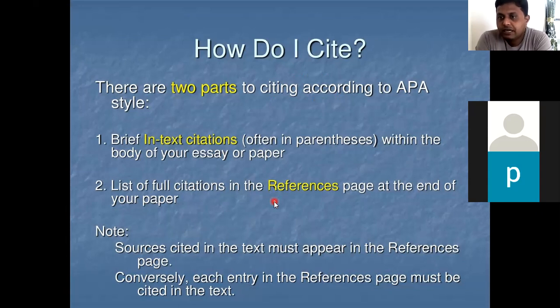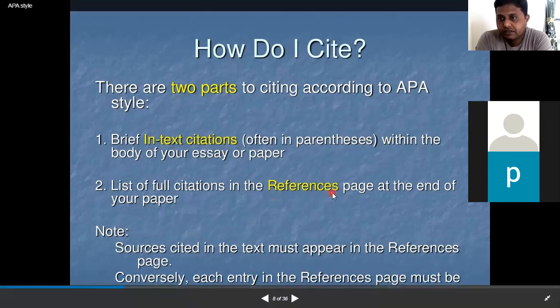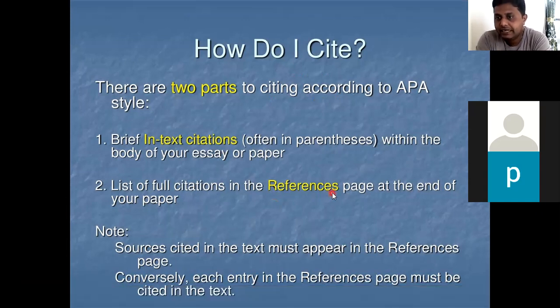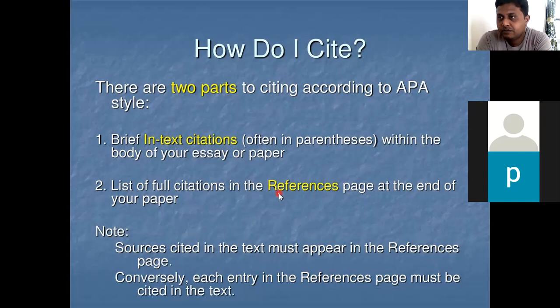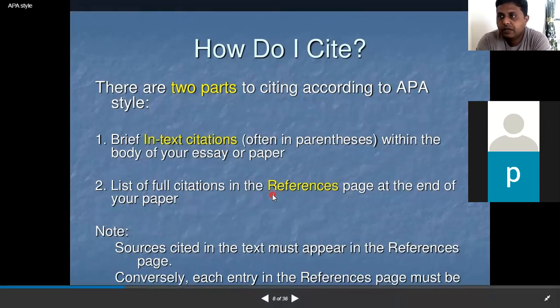Instead, we have a references page. The title is changed. Right? And as you know, this references page means the list of the source material from where I copy the lines or the paragraphs or whatever, right? So references, again, should be arranged alphabetically.